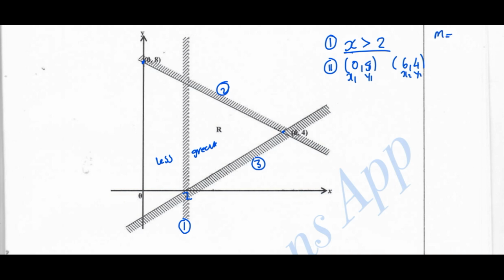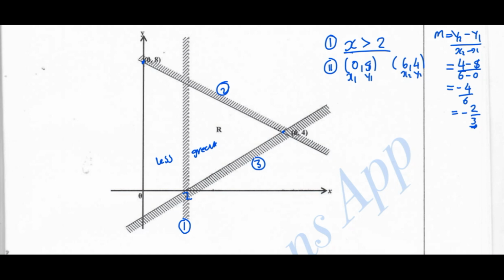Gradient is equal to y2 minus y1 over x2 minus x1. So y2 is 4 minus 8, x2 is 6 minus 0. So on top we have -4 over 6, which is -2 over 3 as our gradient.